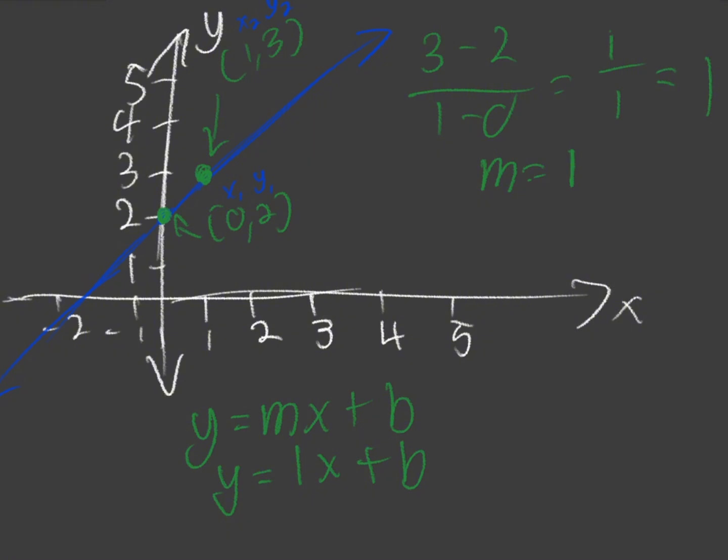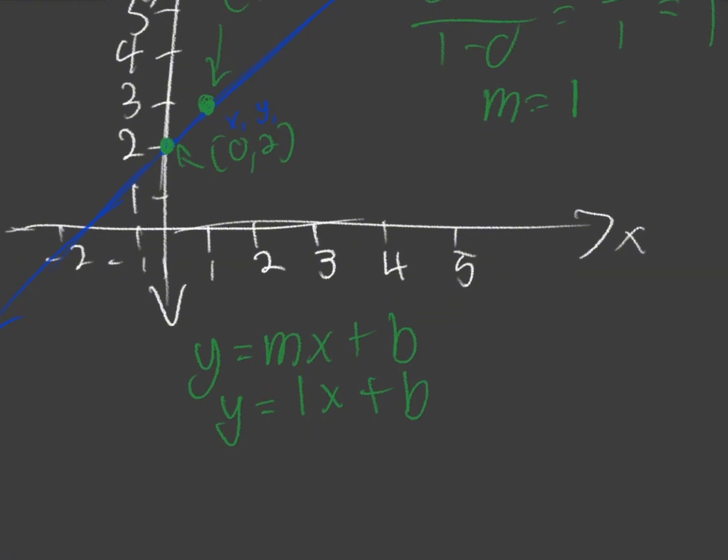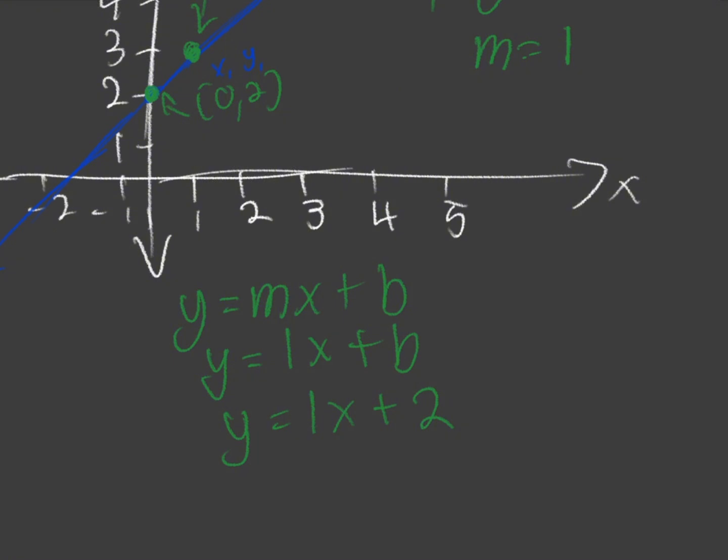We'll do that in the future, but this is just to give you a general idea. So we know our y-intercept is 2, so we plug it in, and y is equal to 1x, or we can simplify that to x, because 1 times anything is itself, so y is equal to x plus 2.